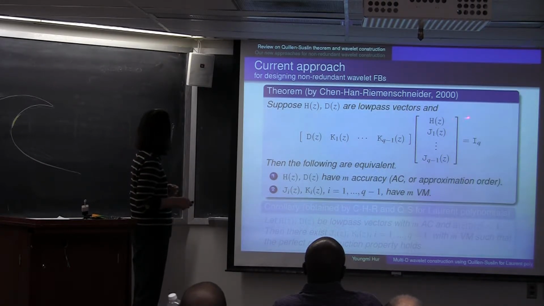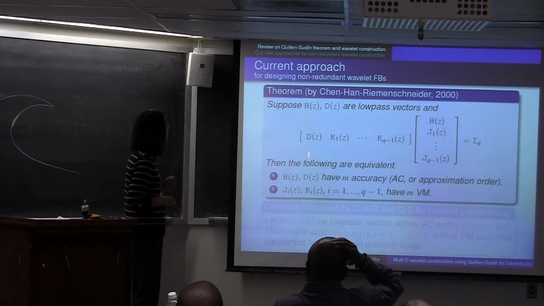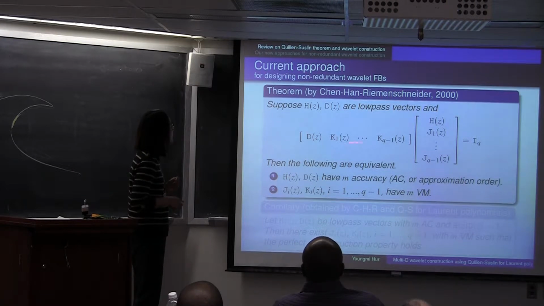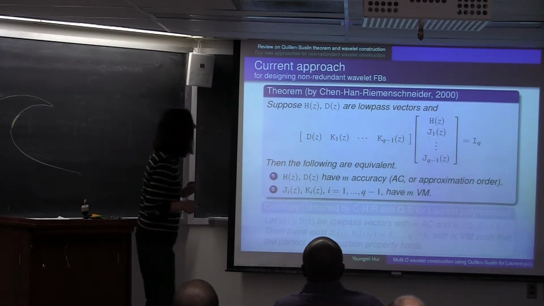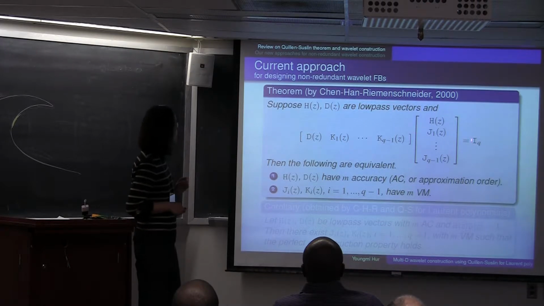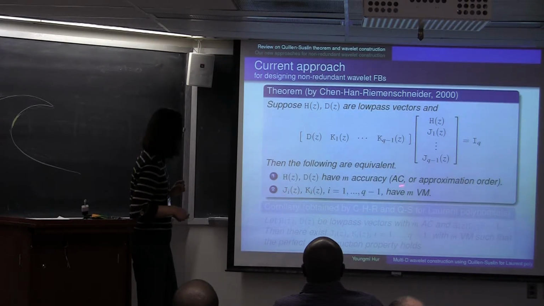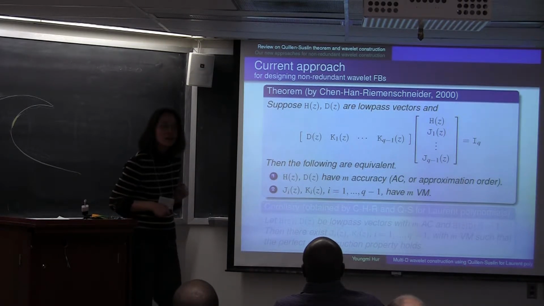If you have a row vector of analysis and a column vector of synthesis already associated with lowpass filters, and if you have a vector construction property, then requiring this, if you have a good memory, is the requirement for the wavelet filter bank with the vanishing moment.